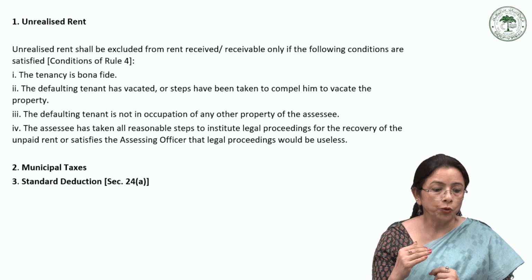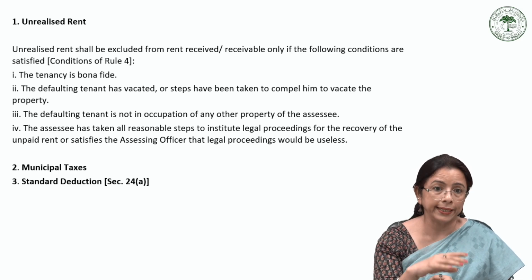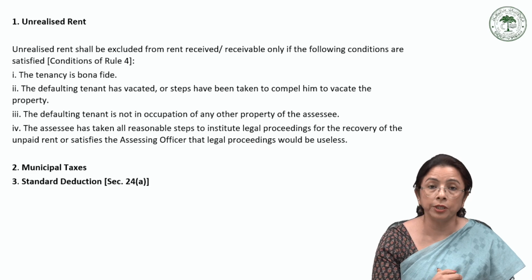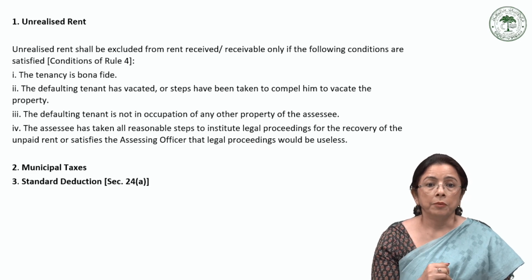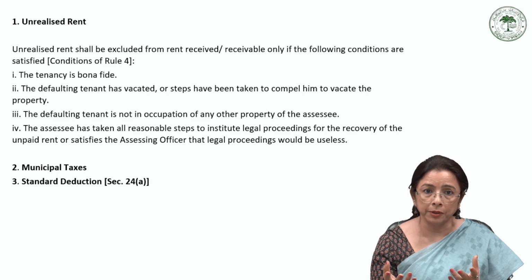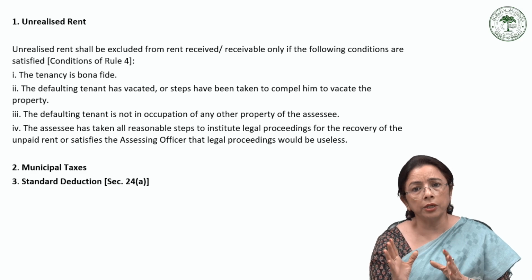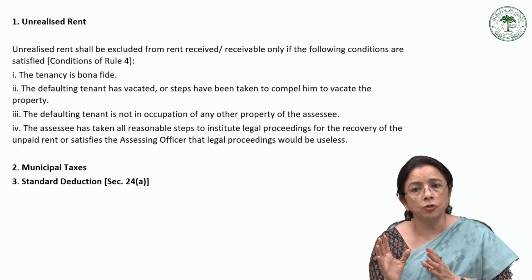Then coming to the municipal tax, because from the gross annual value once decided, we are allowed to deduct the municipal taxes. Municipal taxes are like any other house taxes. For example, there can be a house tax, there can be a service tax, which is levied by any local authority in respect of the house property.